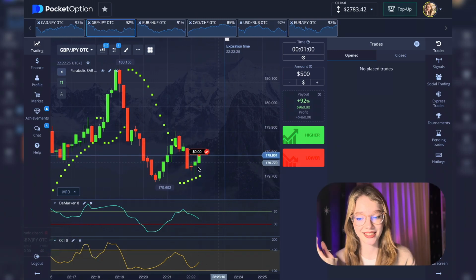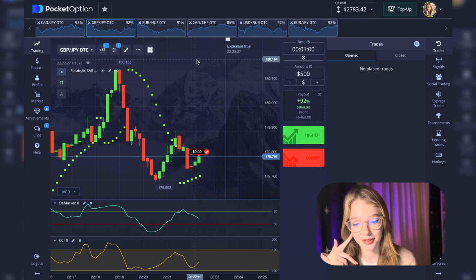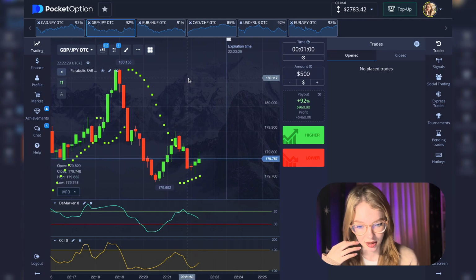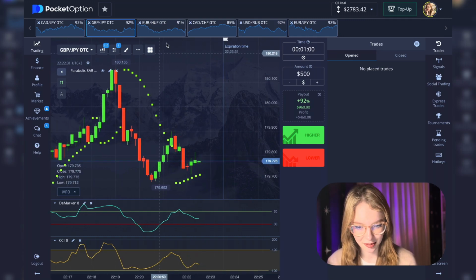Unfortunately, I didn't manage to get profit from this trade, but I'm not upset and continue to look for a currency pair on which I can take my money back.